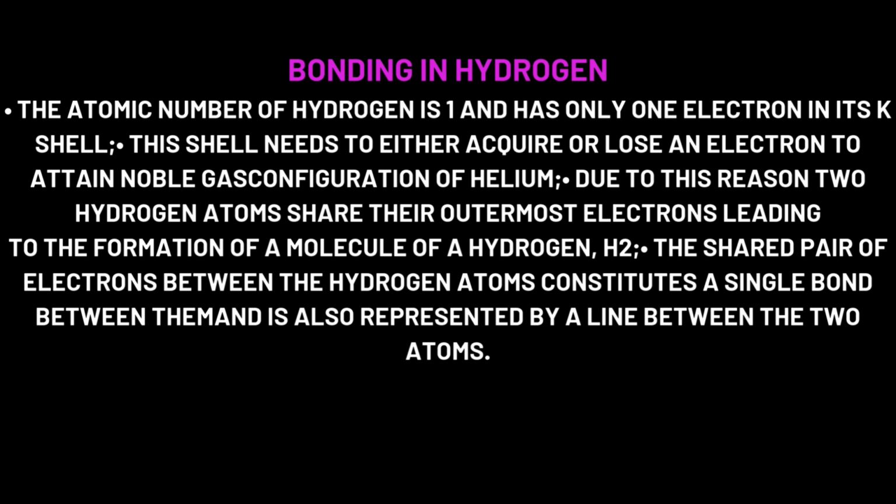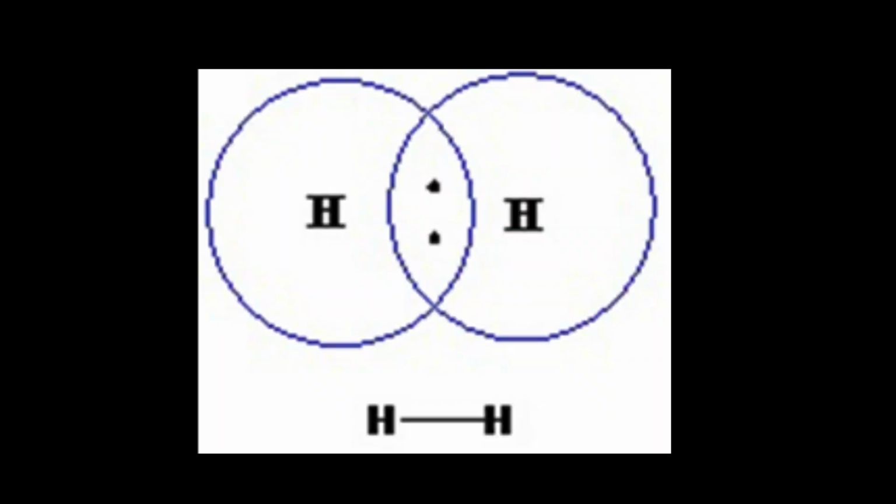Due to this reason, 2 hydrogen atoms share their outermost electrons, leading to the formation of a molecule of hydrogen, H2. The shared pair of electrons between the hydrogen atoms constitutes a single bond between them and is also represented by a line between the 2 atoms.